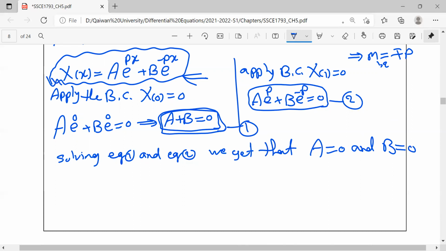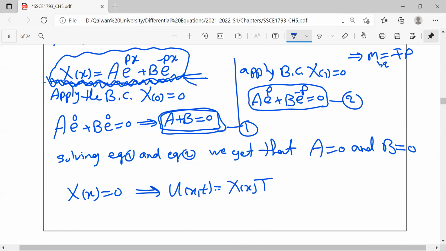so X of x is a times e to the power px plus b times e to the power negative px. So if a and b are 0, we get X of x equals 0. And so u of x,t, which equals X of x times T of t, equals 0.